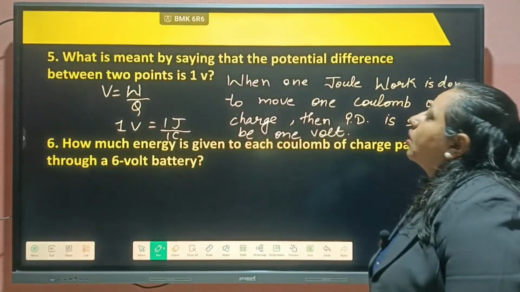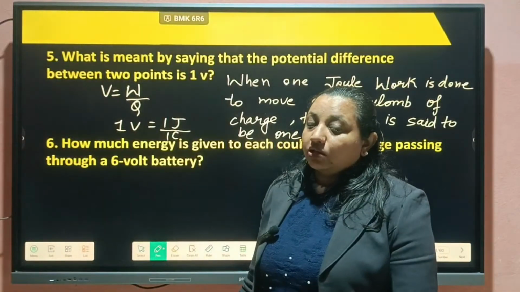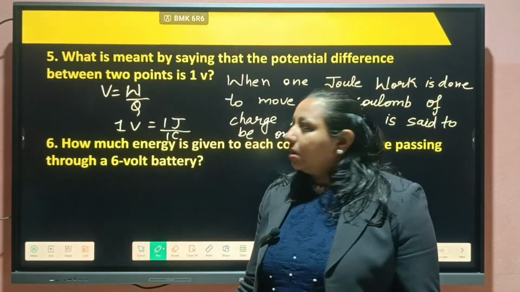When 1 joule of work is to be done to move 1 coulomb of charge, then the potential difference is said to be 1 volt.